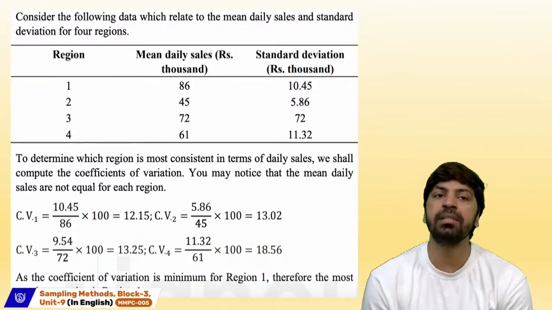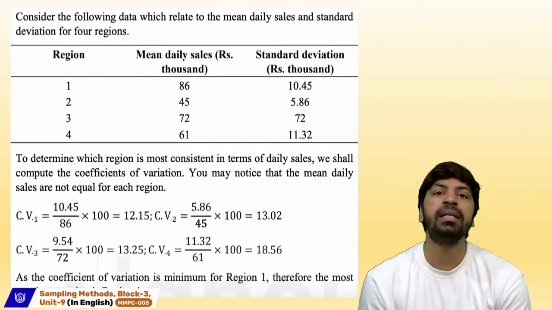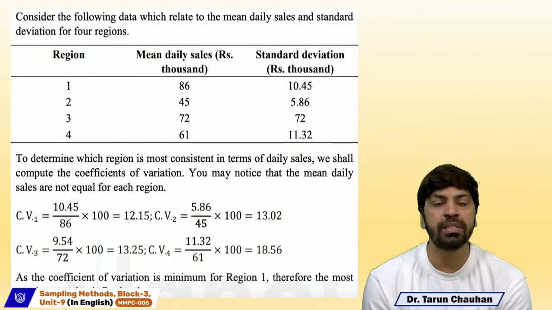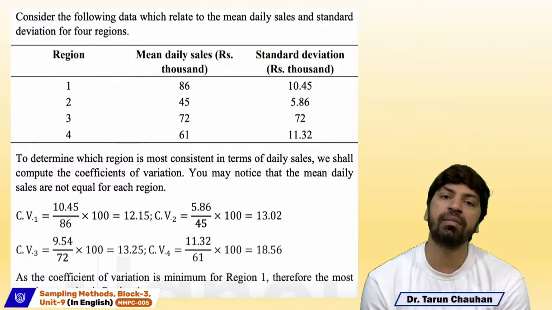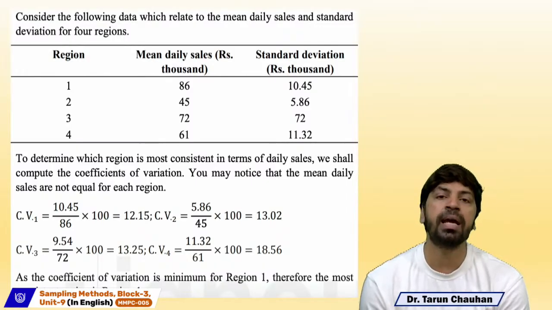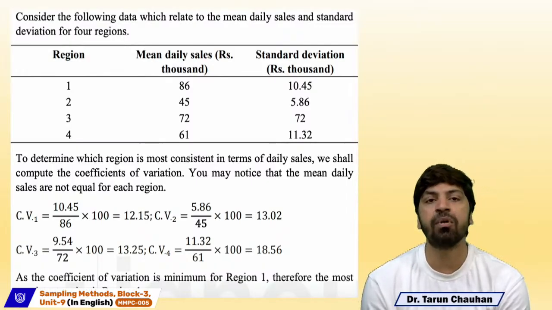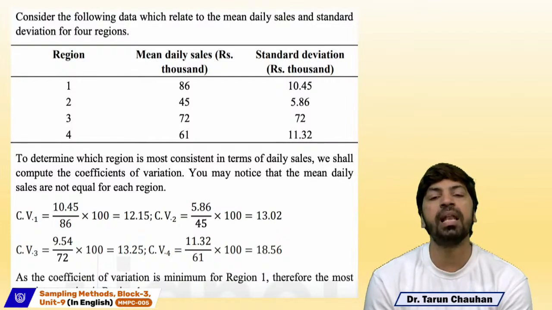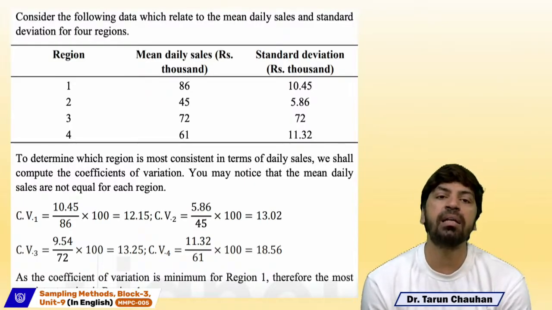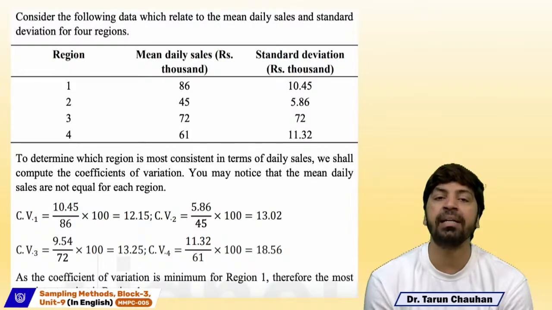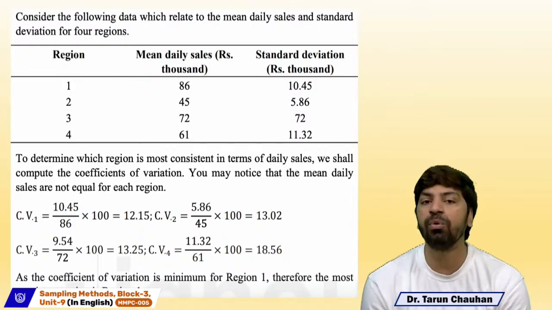The mean daily sales in rupees in thousand for regions one to four are 86, 45, 72 and 61, and the standard deviation is also given in rupees in thousand, that is 10.45 and so on till the fourth region, that was 11.32. The aim is to determine the coefficient of variation and state which region is more consistent in terms of the daily sales.